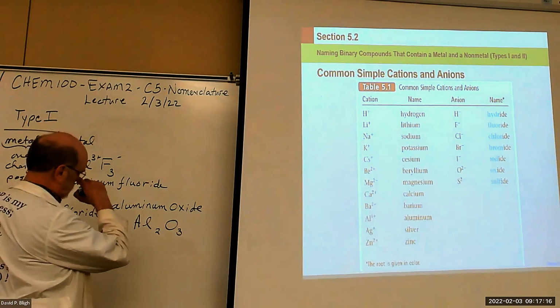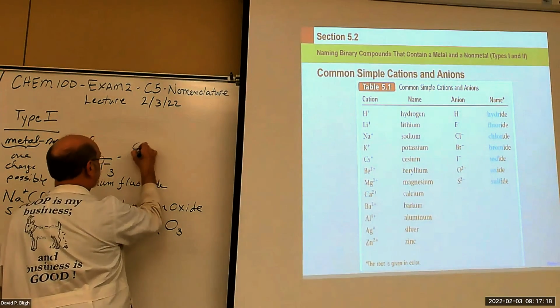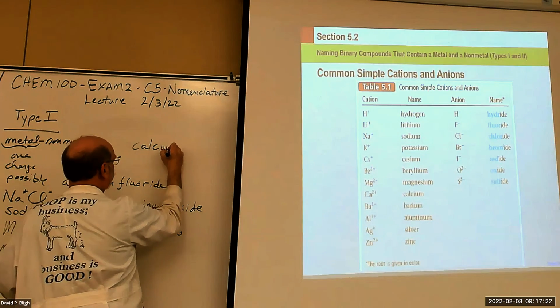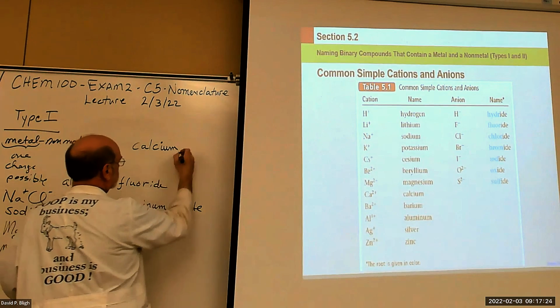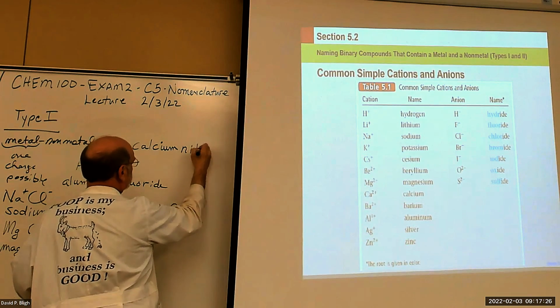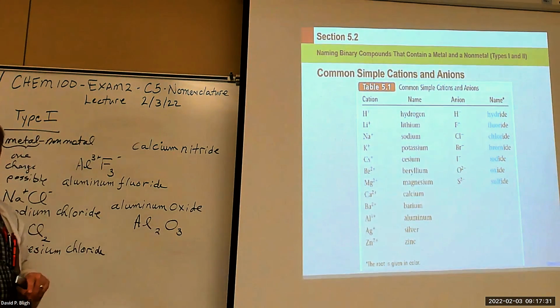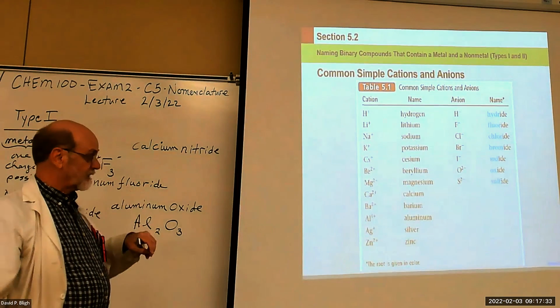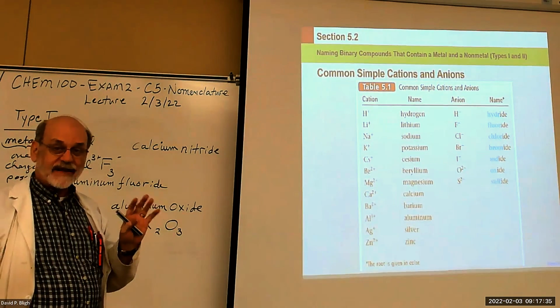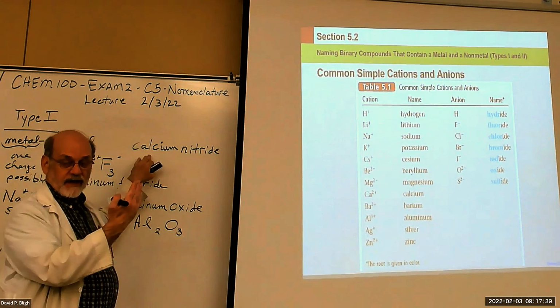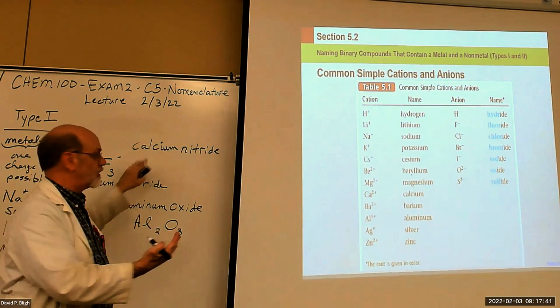How about this one? Calcium nitride. All right. You look at your periodic table. You know that calcium is the second group over from the left, so that means it's a +2 charge.